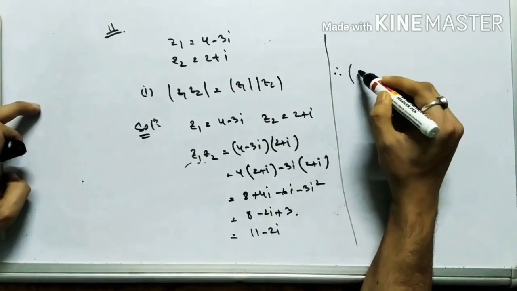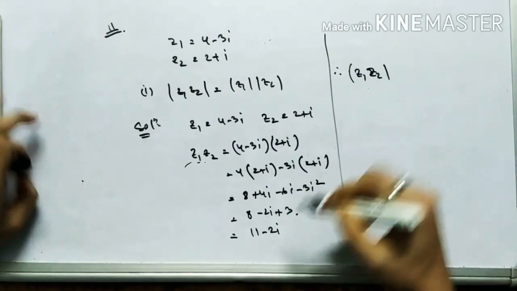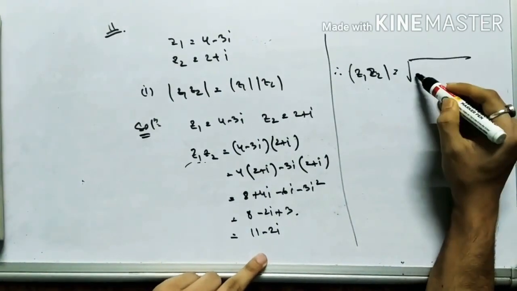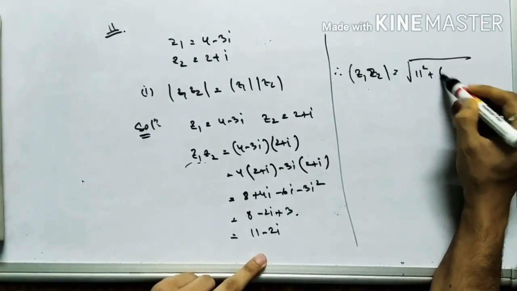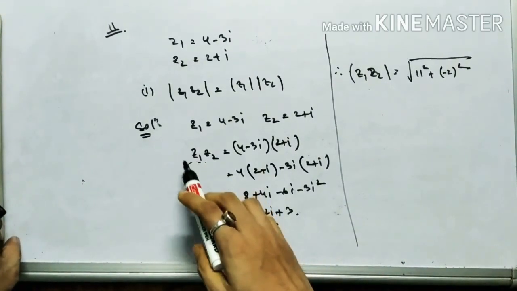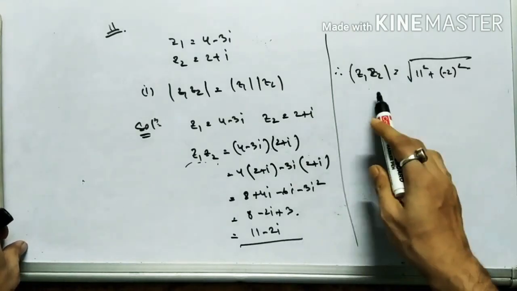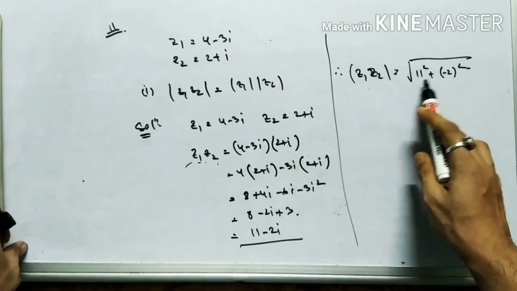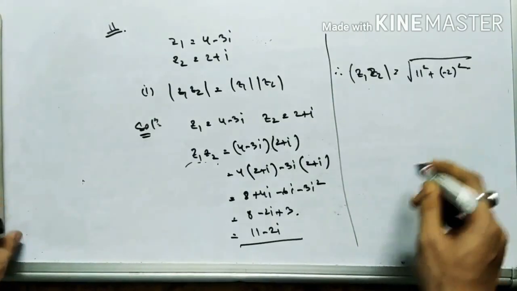Okay, so therefore modulus of Z1 Z2 will be root over 11 square plus (minus 2) the whole square. Since Z1 into Z2 is this one, the modulus of Z1 into Z2 will be root over 11 square plus (minus 2) the whole square.